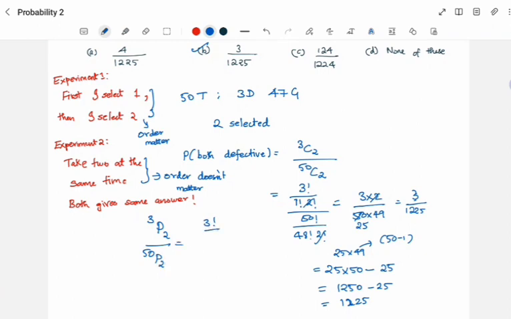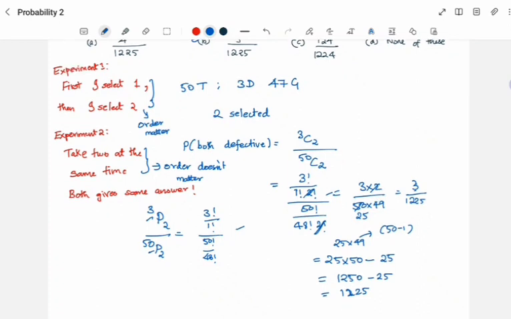So this is 3 factorial by (3 minus 2) factorial, 1 factorial, by 50 factorial by 48 factorial. Between this and this, the 2 factorial is common between numerator and denominator, so we are able to cancel it. So either if you take P or C, it doesn't matter, right?